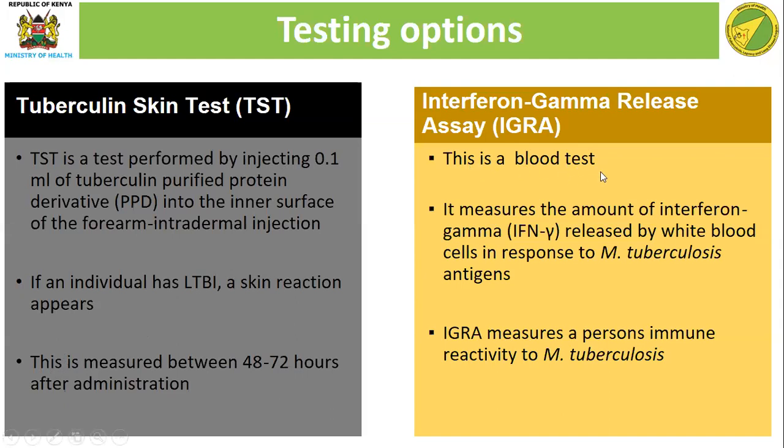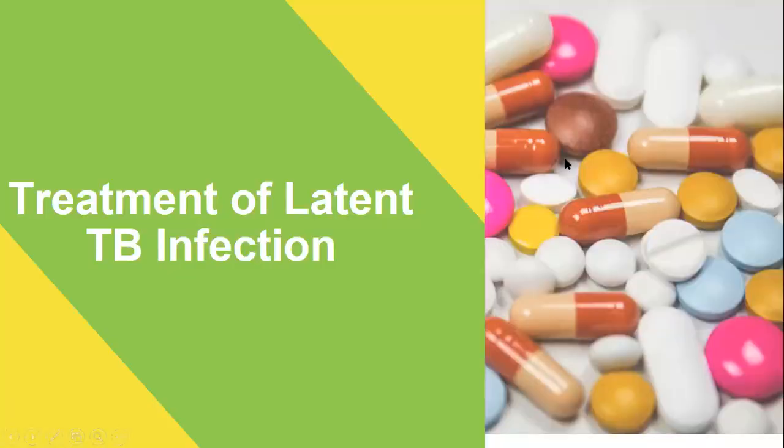You withdraw blood from the client, so the reaction happens in the lab, not in the body as with the TST. It measures the amount of interferon gamma released by the person's white blood cells in response to the MTB antigens. Again, if it turns positive and the person had no symptoms, they likely have TB in a dormant stage.